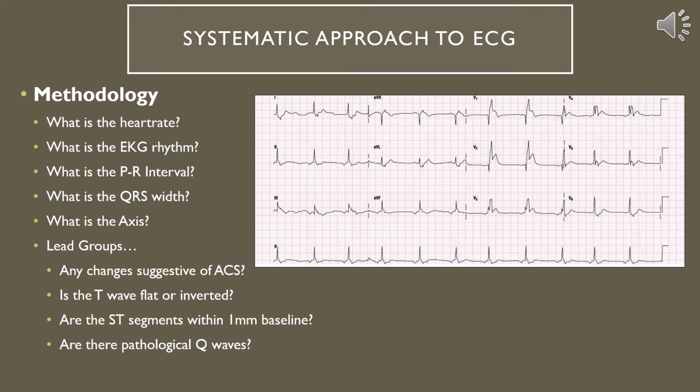Are there T-wave abnormalities, ST segment elevation or depressions, and pathological Q waves? In order for us all to stay on the same page, it's really helpful to have this systematic approach. So as we're going through these processes, first on axis deviation, we will discuss what axis is, and then we'll look at some EKGs that kind of show how to look at that problem.